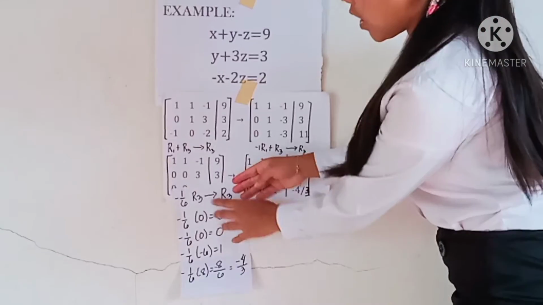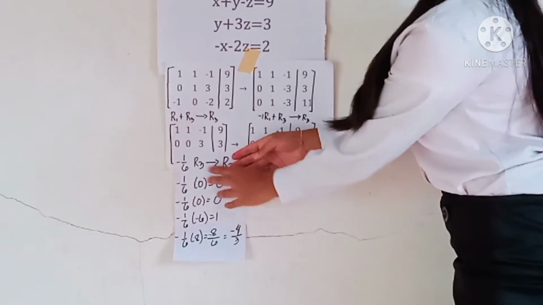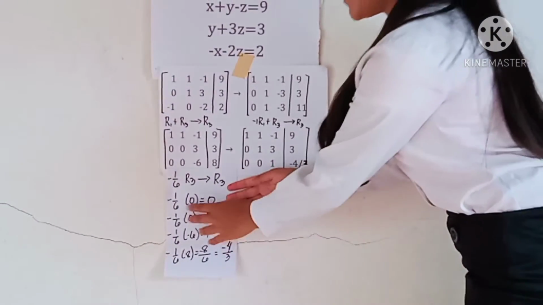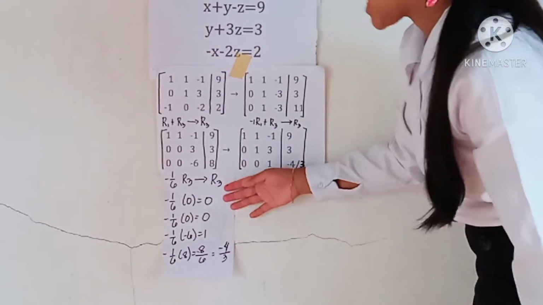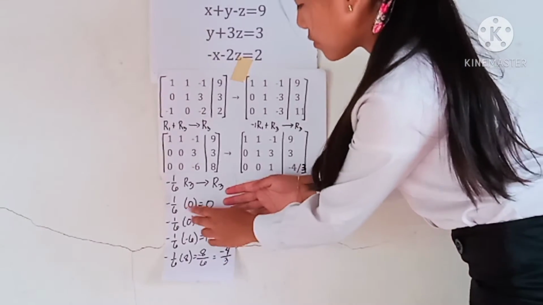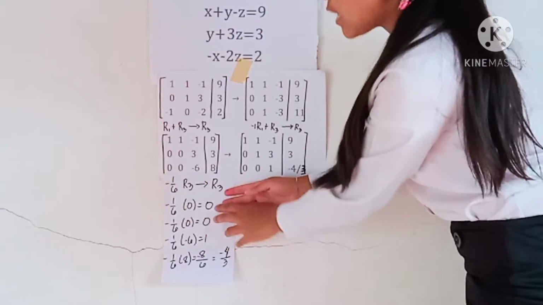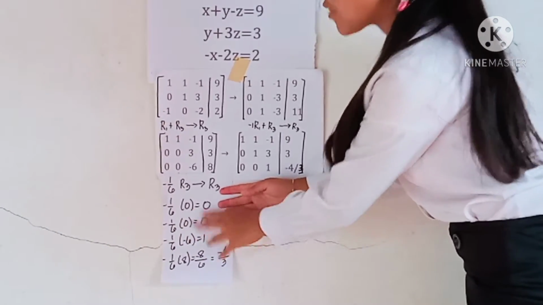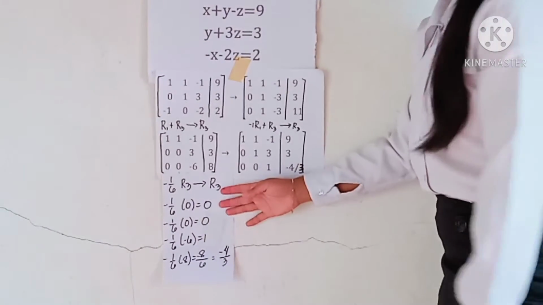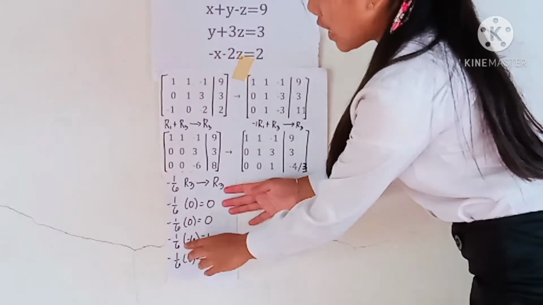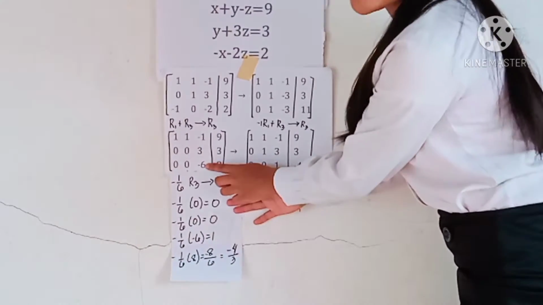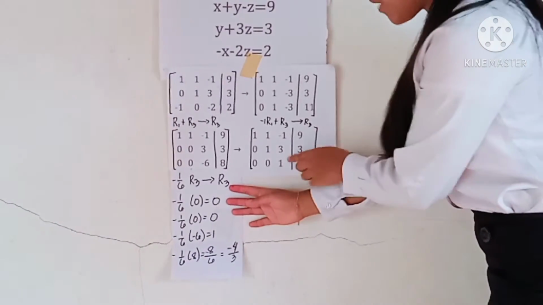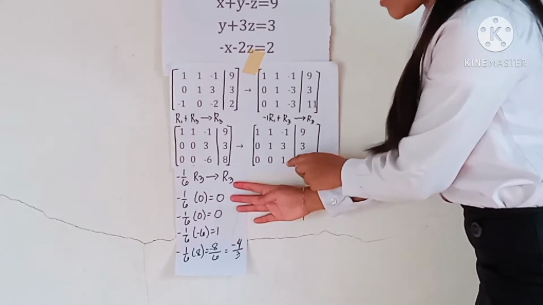So this is negative 1/6 multiplied by row 3 equals the new row 3. Negative 1/6 multiplied by 0, our row 3, is 0. Next is negative 1/6 times 0 again equals 0. Negative 1/6 multiplied by negative 6 equals 1, which is our goal, to make this into positive 1.